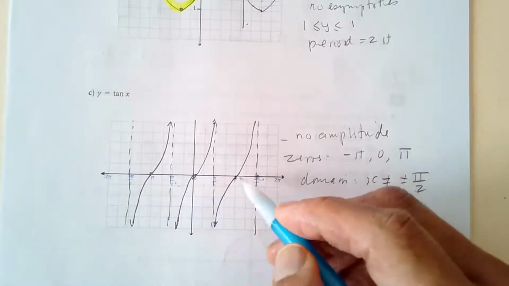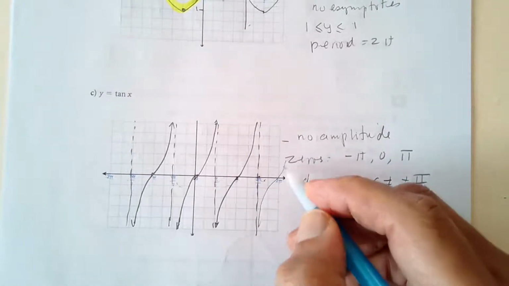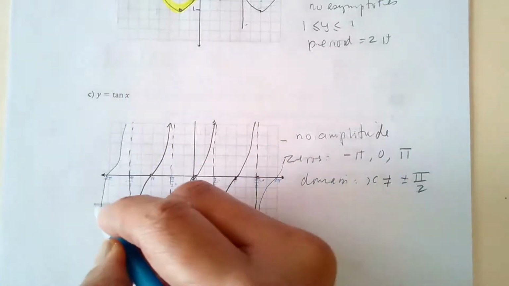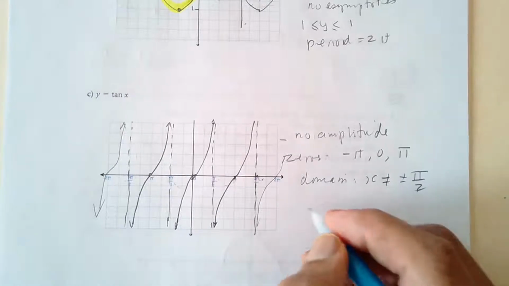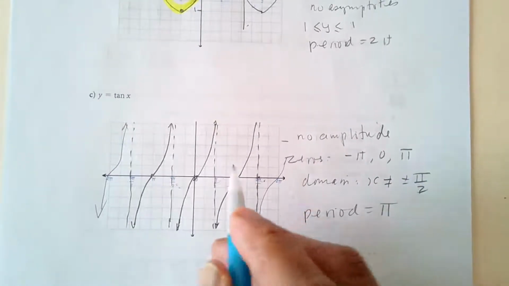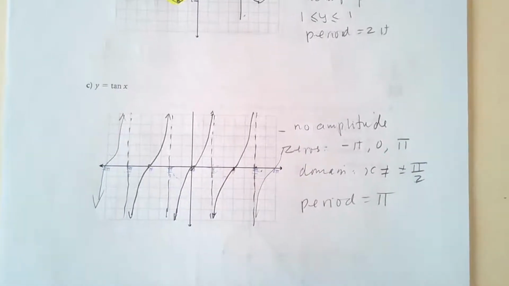The period is pi. From here to here is one period, it's a pi.